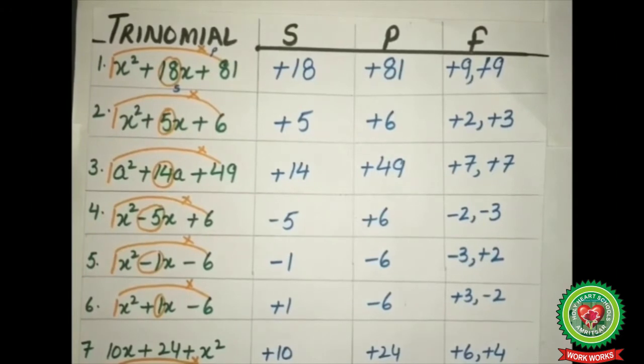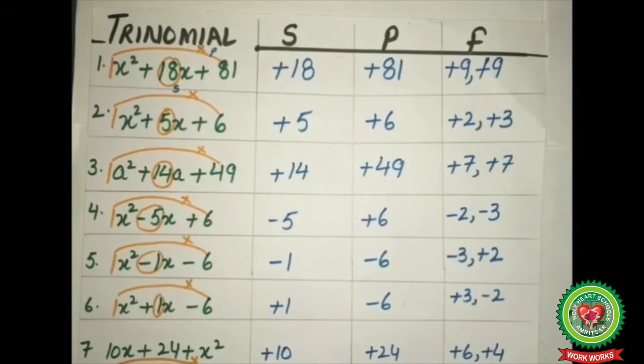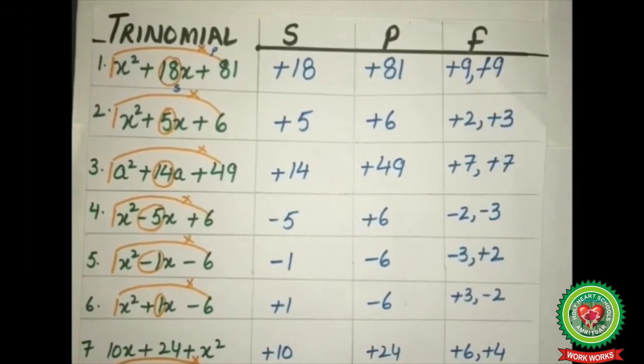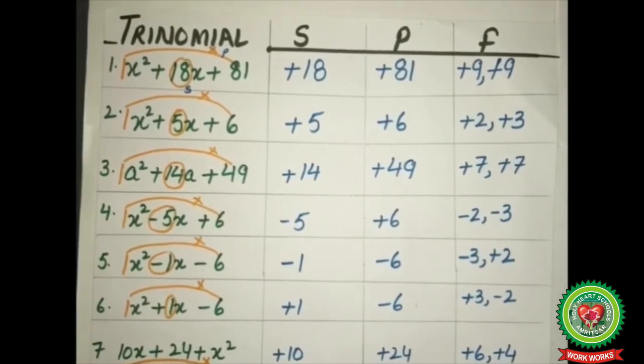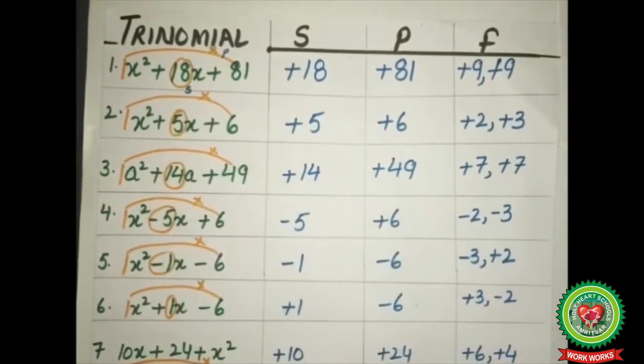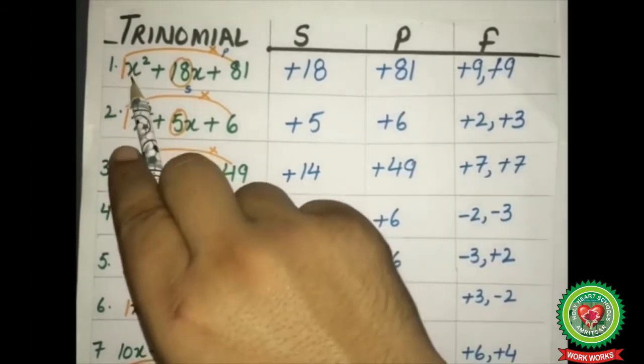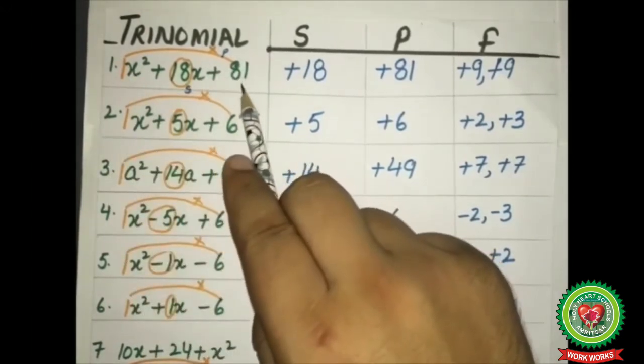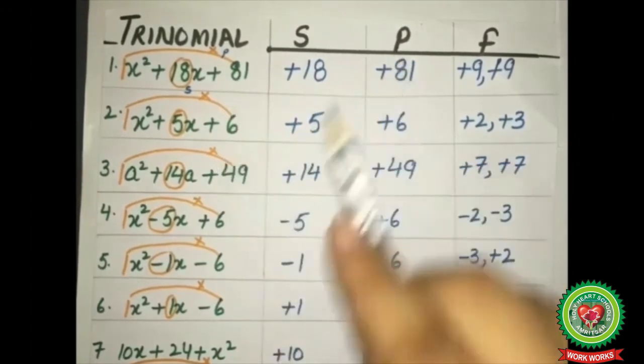Now students, we are going to discuss how to identify the sum, product and factors of a given trinomial. You need to remember that the coefficient of x will be the sum, and the product of the coefficient of x square and the constant term will become the product.